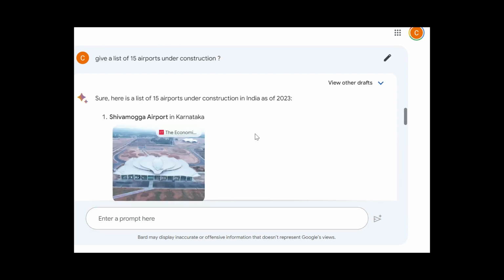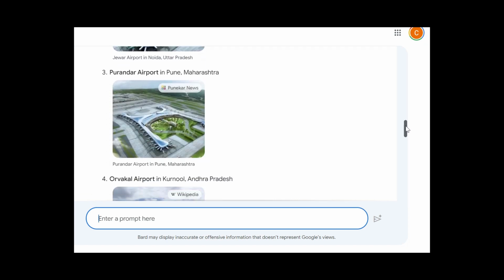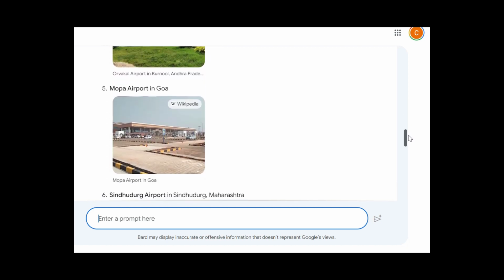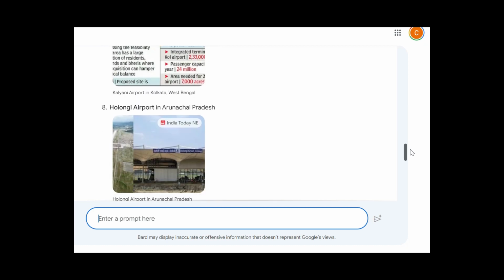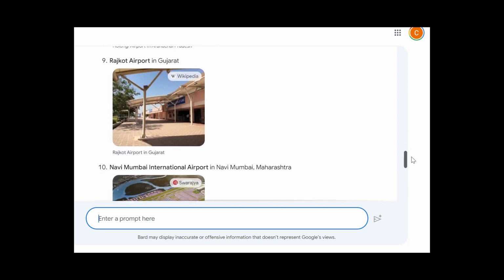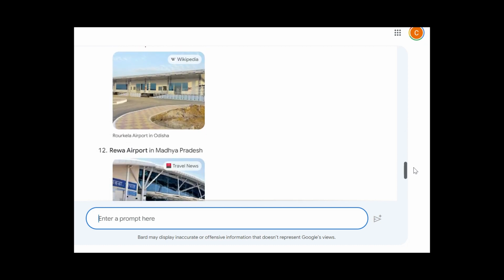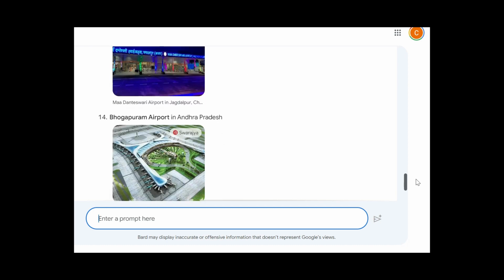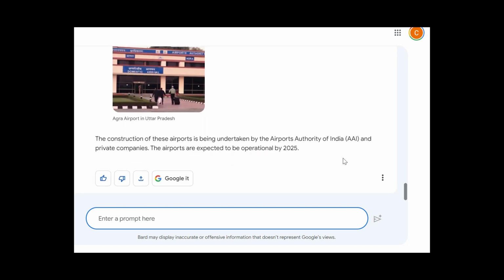So you have Shivamogga Airport under construction, and then Jewar Airport in UP, Noida, Purandar Airport in Pune, Orvakal, Kurnool, Mopa Airport in Goa, Sindhudurg Airport, Kalyani Airport in Calcutta, Holongi Airport in Arunachal, Rajkot Airport in Gujarat, Navi Mumbai International Airport, Maharashtra, Rourkela, Odisha, Rewa Airport, Madhya Pradesh, Mahanadi Tare Airport, Chhattisgarh, and then Bhogapuram Airport, Andhra Pradesh, Agra Airport. So these are under construction.